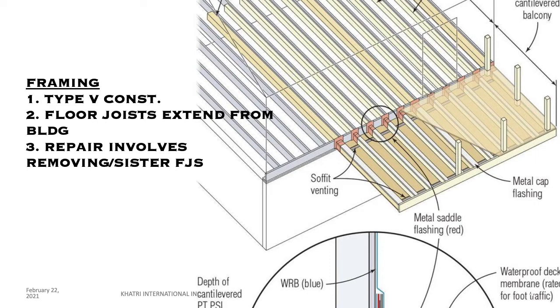There have been some solutions that we've used where we've been able to repair this using a sister joist that goes into a certain point, but you still end up opening this area up in here, and that becomes rather expensive. We try to avoid that, but if we have a balcony that's coming apart, then you have to do what you have to do.